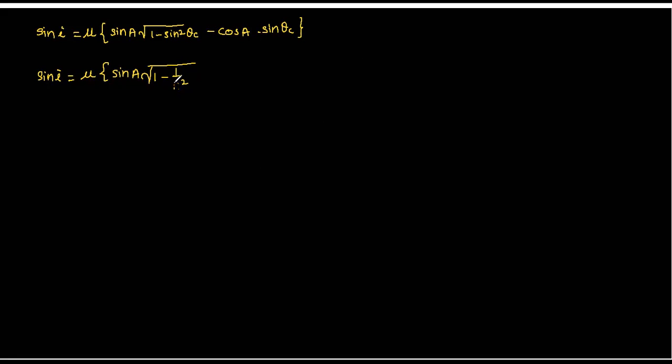N and mu are both the same, but I have already denoted with mu, so I will keep mu only. Why? You see, mu is equal to 1 by sine of theta c. So that implies sine theta c is equal to 1 by mu, and therefore sine square theta c is equal to 1 by mu square. Understood why we are getting like this?